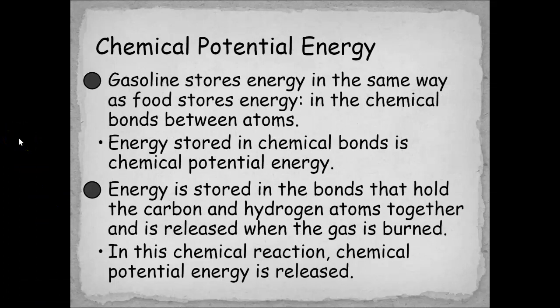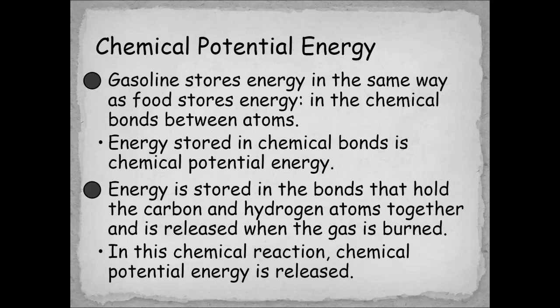Chemical potential energy is like, think about gasoline. So that stores energy in chemical bonds between atoms. So we talked about combustion reactions in this course already. Remember, you always have a fuel source in the form of a hydrocarbon. So gasoline, propane, ethanol, some kind of hydrocarbon that has carbon and hydrogen bonded together. The energy in those bonds is stored as potential energy.